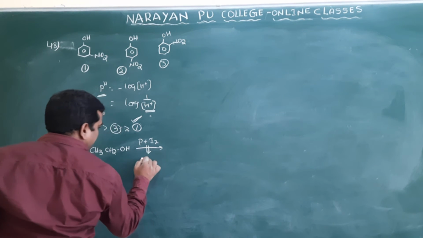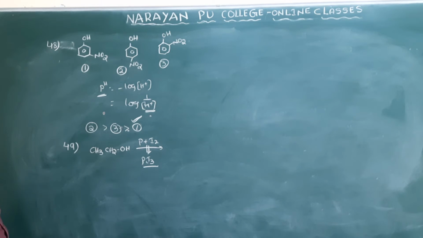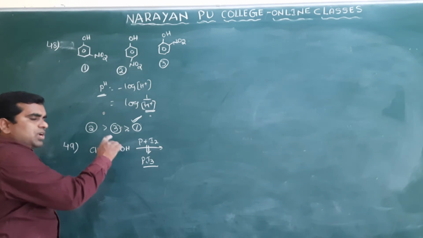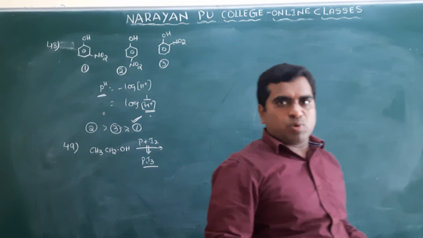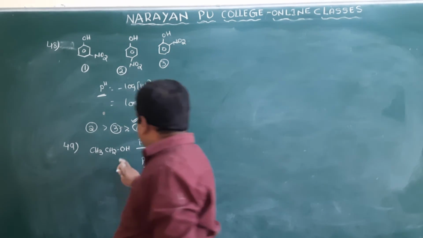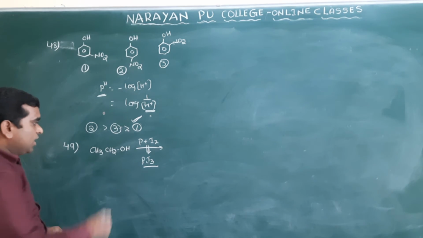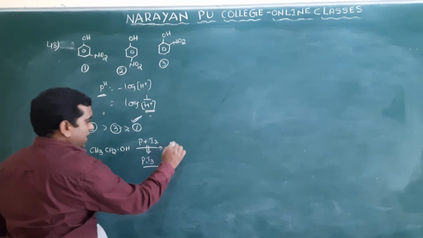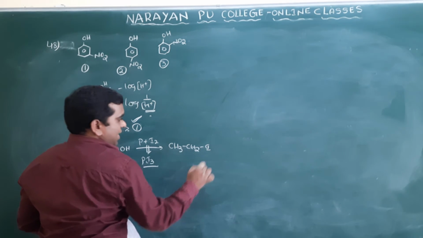This is what we call in situ preparation. PI3 is unstable, so we should not add PI3 directly into the molecule. Before adding, it decomposes. So it should be prepared in the reaction itself. That we call in situ preparation. So alcohol and PI3 give alkyl halide, CH3CH2I.